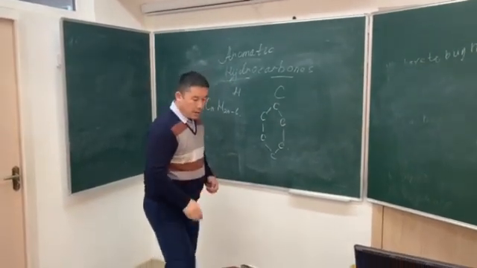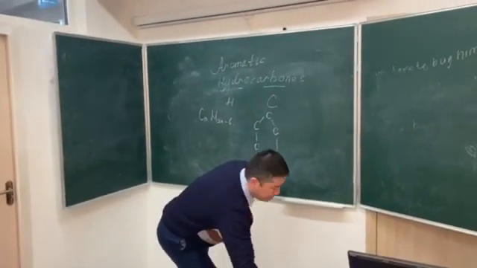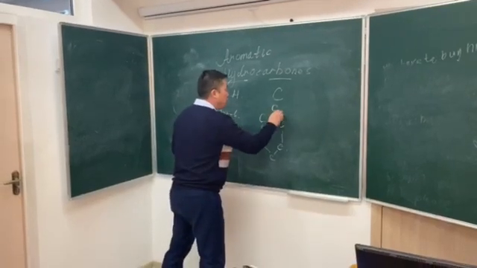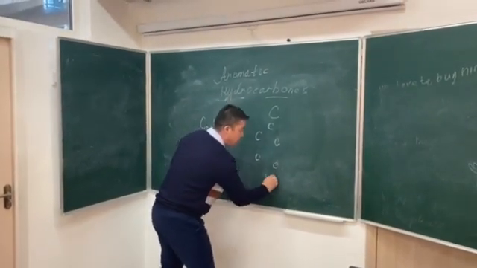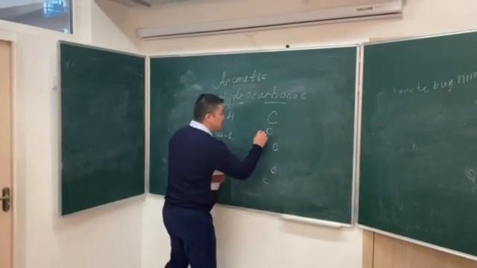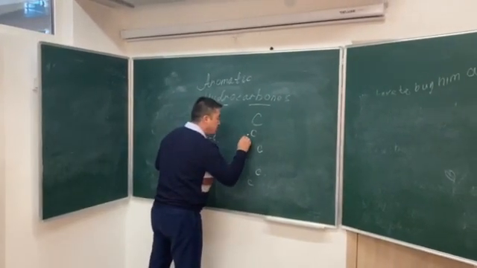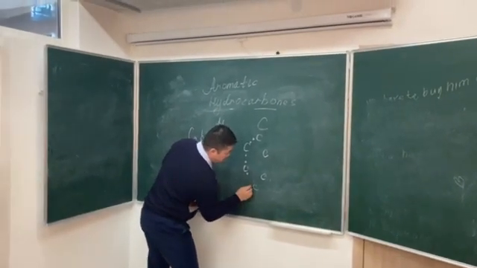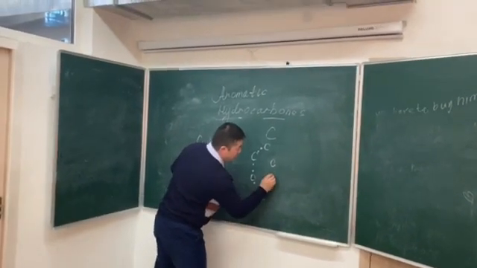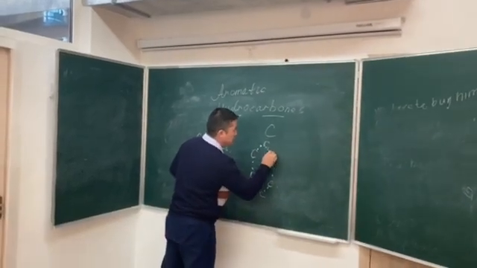Here, I want to draw this bond with the point. For example, this is the electrons. This is also electrons.